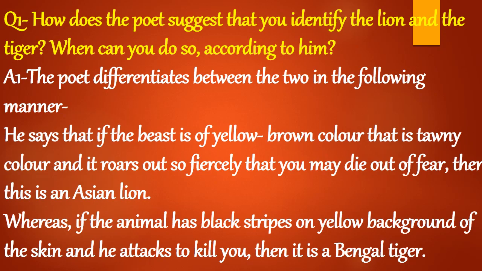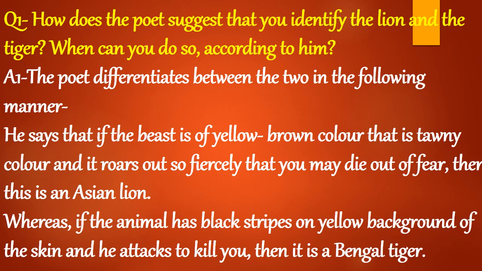Question 1 was, how does the poet suggest that you identify the lion and the tiger? When can you do so according to him? So the answer is, the poet differentiates between the two in the following manner. He says that if the beast is of yellow-brown color, that is tawny color, and it roars out so fiercely that you may die out of fear, then this is an Asian lion.